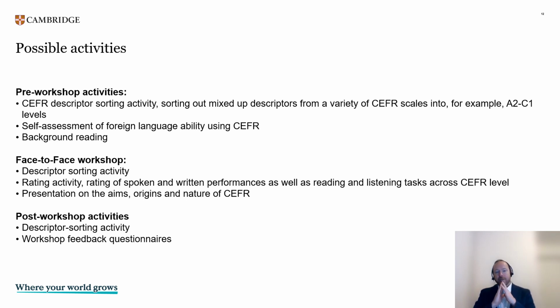This is the key part. Once they're familiar with the CEFR and able to put the levels of the can-dos in order, they then look at a text, for example a reading text or a written text from a candidate, and they decide what CEFR level that candidate is.